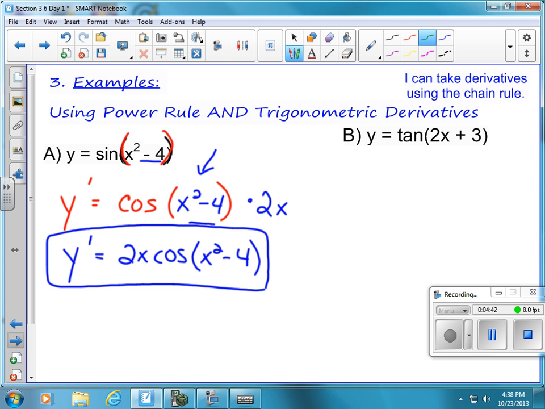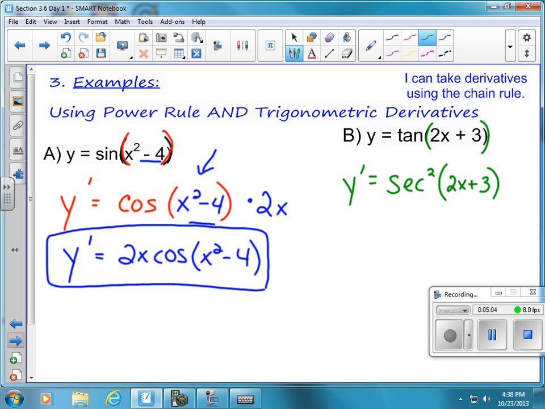All right, example B. The derivative of tangent. Tangent is the outside. We're going to take the derivative of tangent, which is secant squared. So we have y prime equals secant squared of whatever's on the inside. Do not change this inside, 2x plus 3.